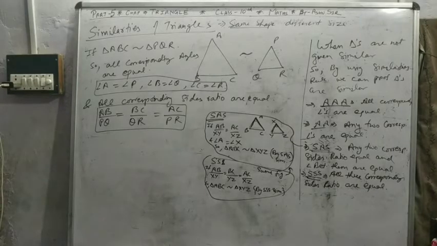So these are the four similarity rules for proving triangles are similar. First thing, pause the video, note down.